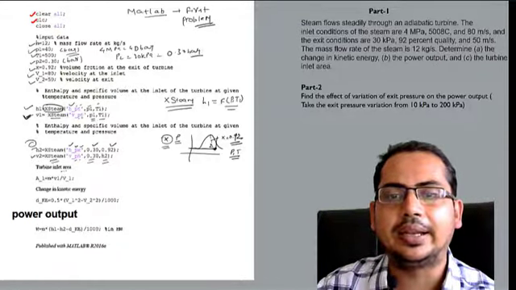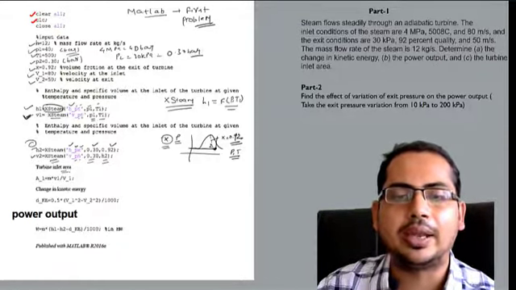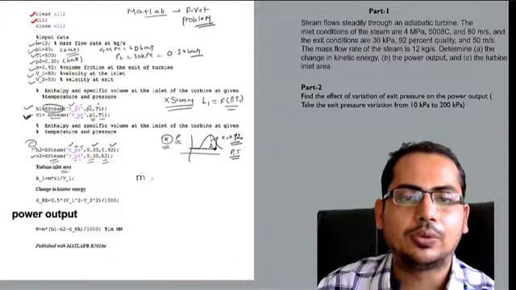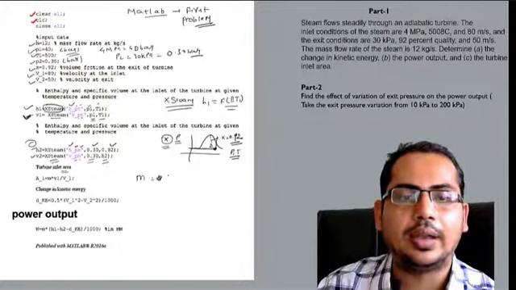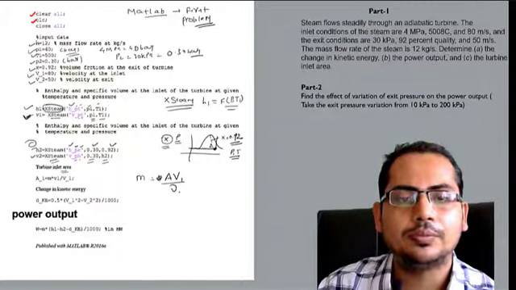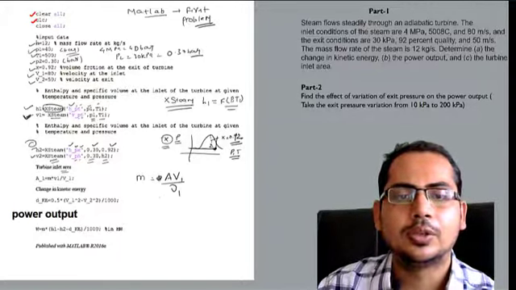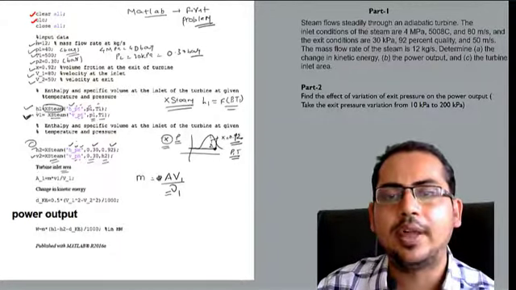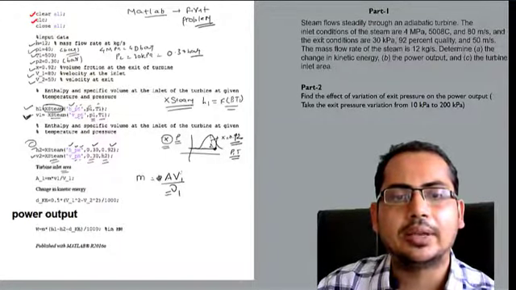What is the turbine inlet area? How can you calculate the turbine inlet area? m dot is equal to rho A1 V1, that is A1 V1 upon specific volume nu1. You know the specific volume, the velocity at the inlet, and the flow rate.